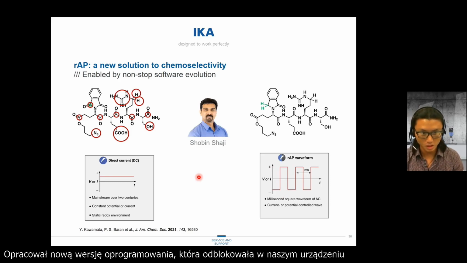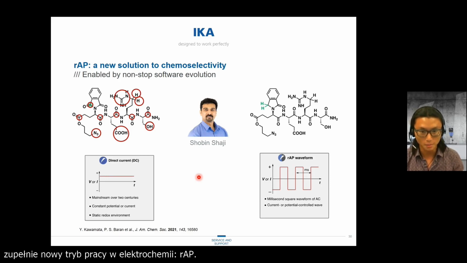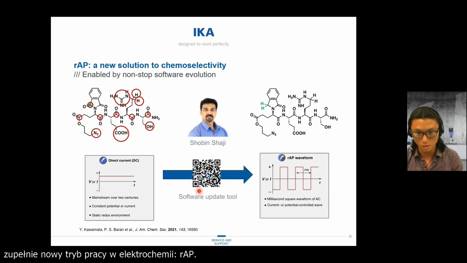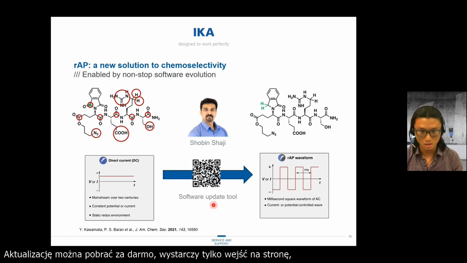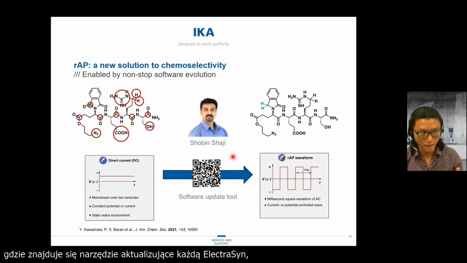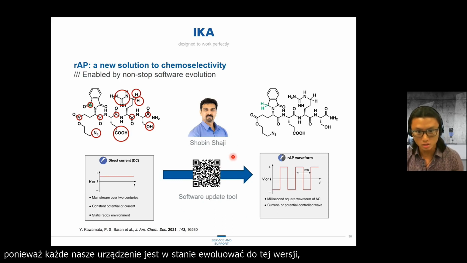He invented the new software version that enables the device to run the brand new electrochemistry reaction mode, REP. So the update can be available free of charge. All you need to do is to go to the website, and we have an update tool for every electrocene. Each device is able to evolve into this version, giving you higher selectivity for your reaction.